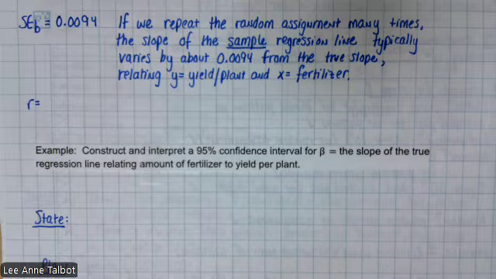It's teeny tiny, so that means it's not too far off from the true slope, which is good.